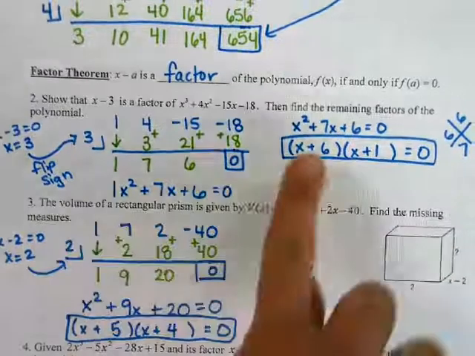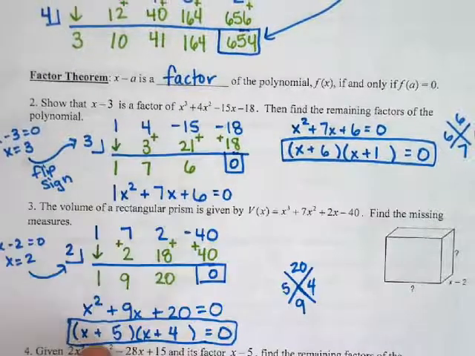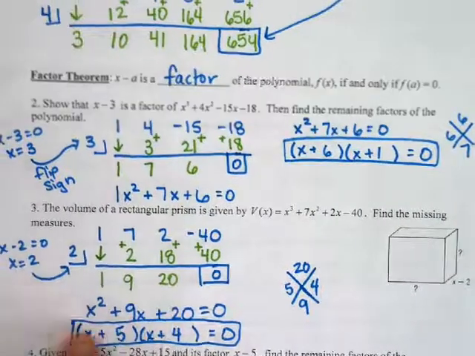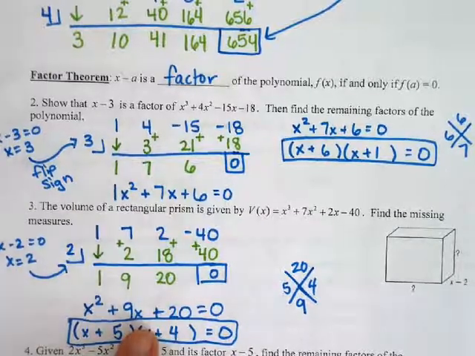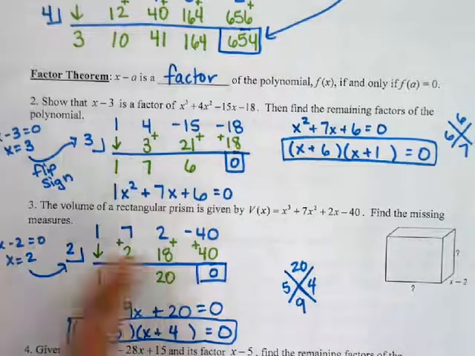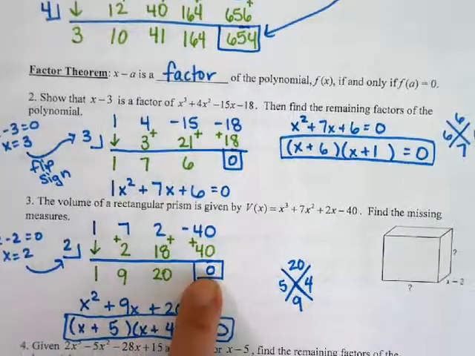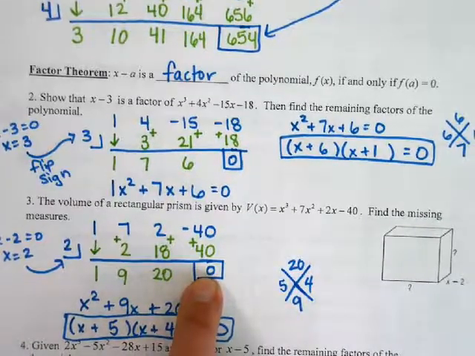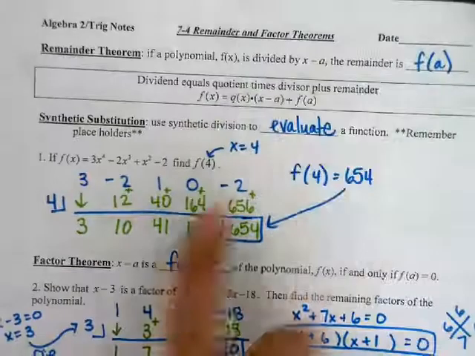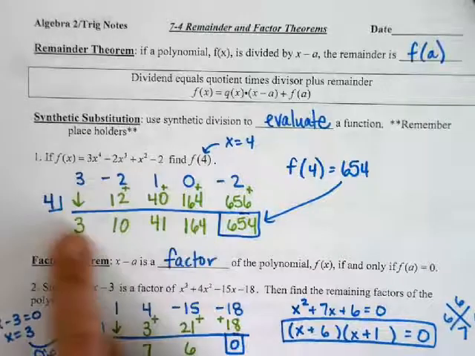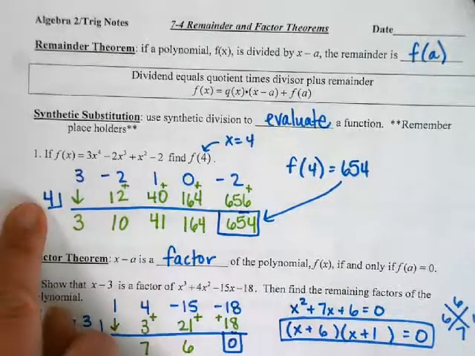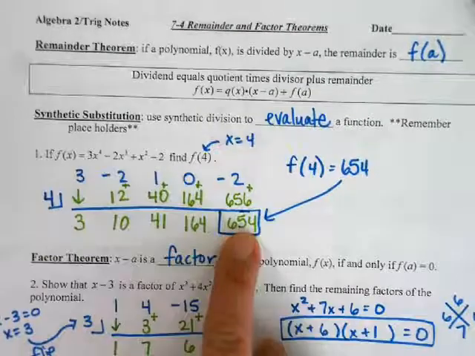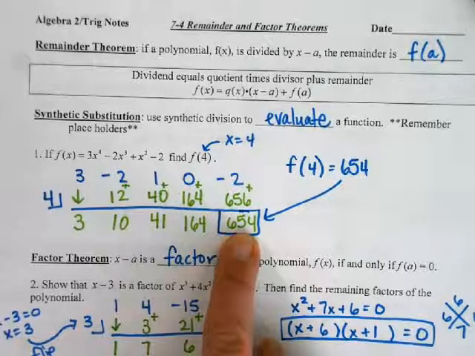If I have my function and I divide it by x minus 2, this is my quotient. Quotient, divisor, and then this guy has a remainder of 0. Does that make sense? So for one like this guy would be my function q of x. I'm dividing it by x minus 4, and I'm left over with 654. Good question.